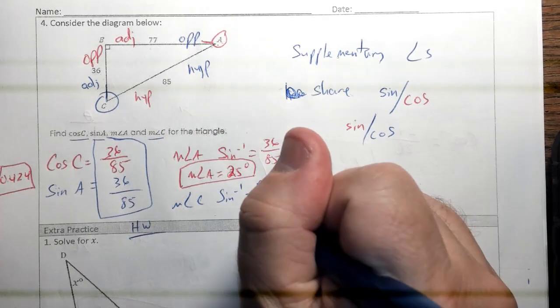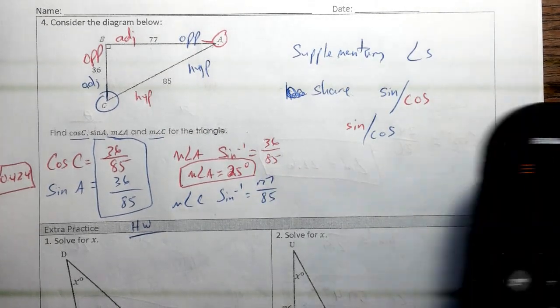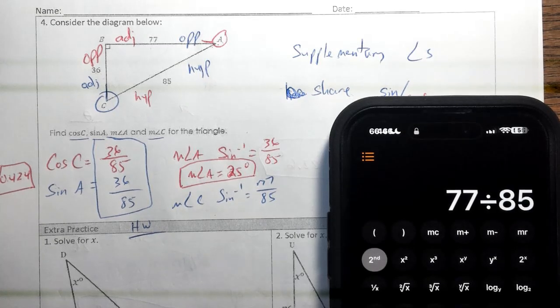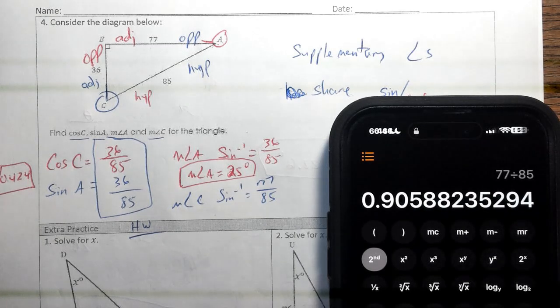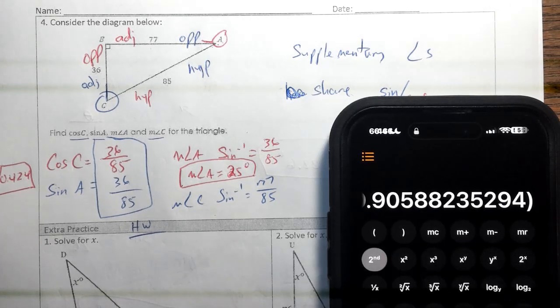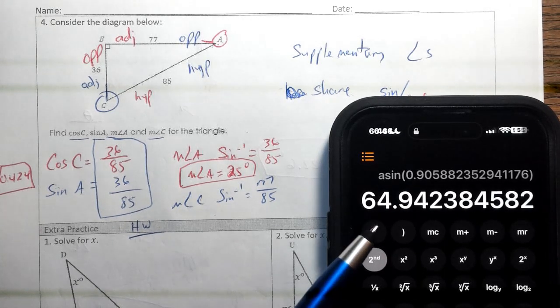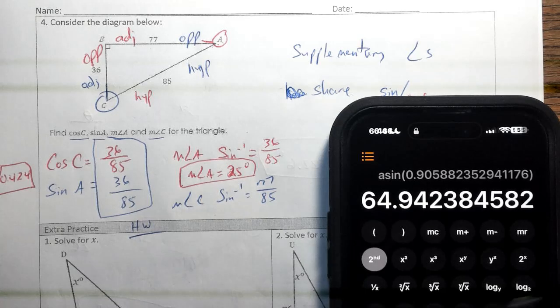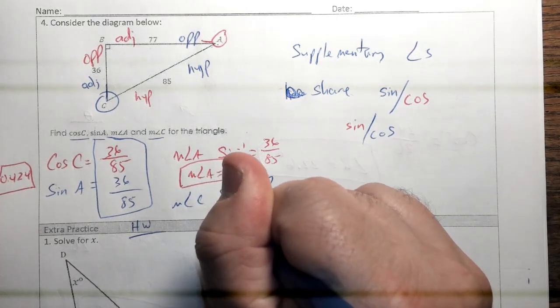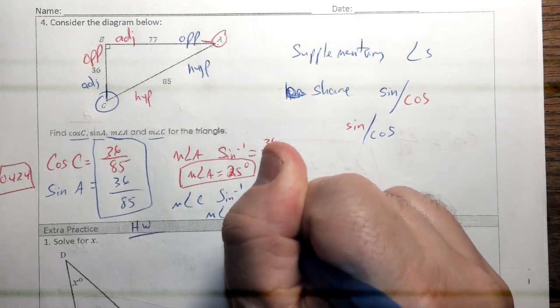And the hypotenuse is the same, it's 85. So we're going to have a different number, but they'll all work. So 77 divided by 85, so there is our ratio. And now we want to find the inverse sine. So notice it's 64.94. We're rounding that to 65. And measure of angle C is 65 degrees.